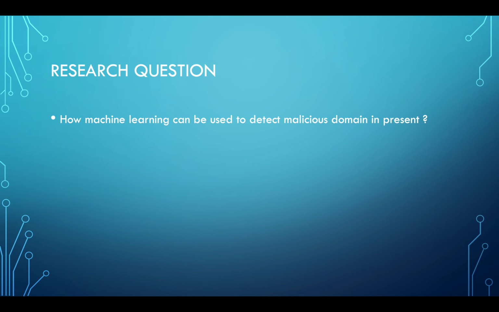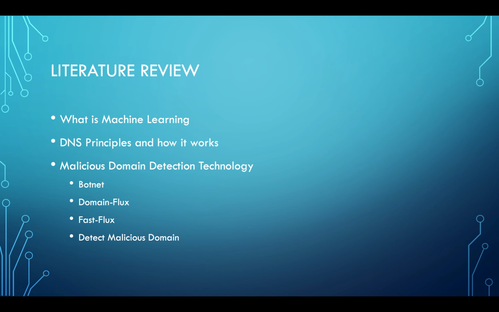Further on, I would like to introduce the content of this research. Part 1 is an introduction to the situation of network security as well as an introduction of the method used in this research. Part 2 will be the research literature review: what is machine learning, what is the DNS principle and how it works, what is malicious domain detection technology.